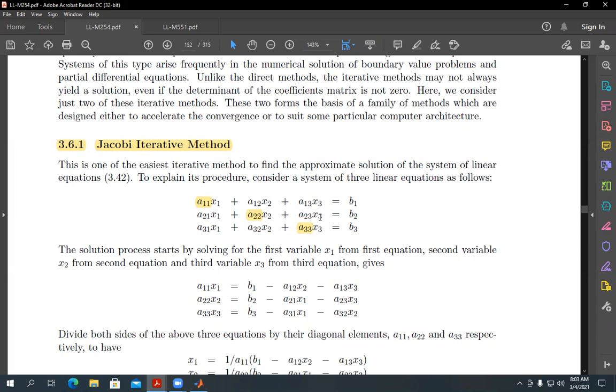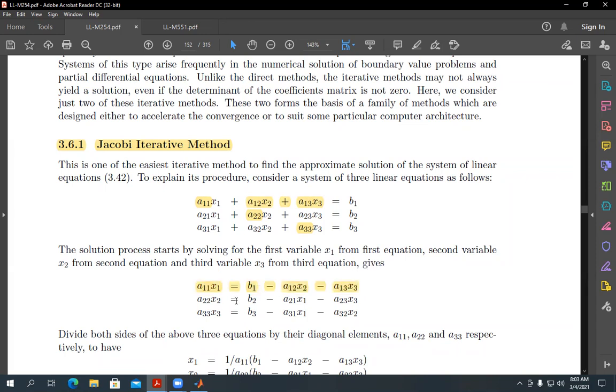If this does not happen, then we can find the Jacobi formula for x1 from the first equation, the Jacobi formula for x2 from the second equation, and the Jacobi formula for x3 from the third equation. So how can you find the formula? Take all the remaining terms to the right hand side, and you have the shape like this.